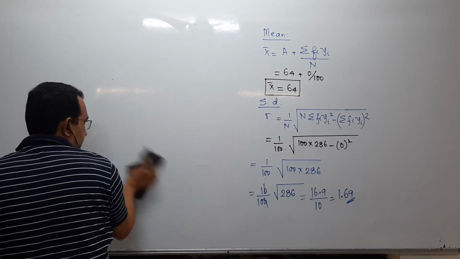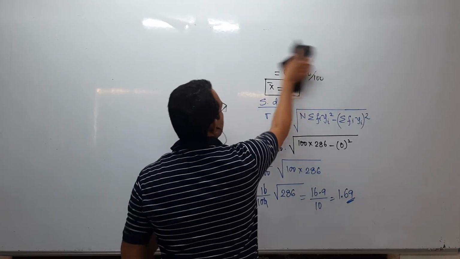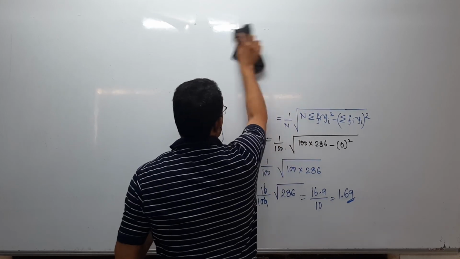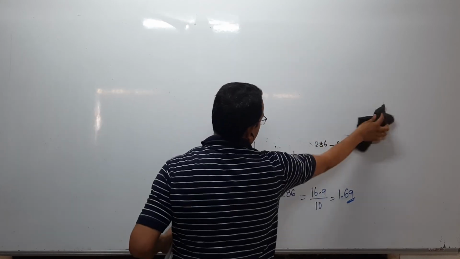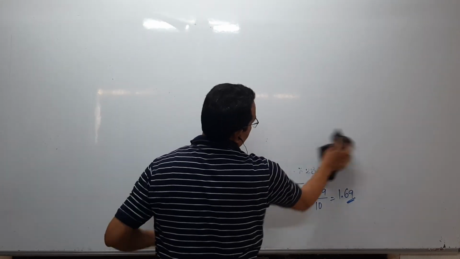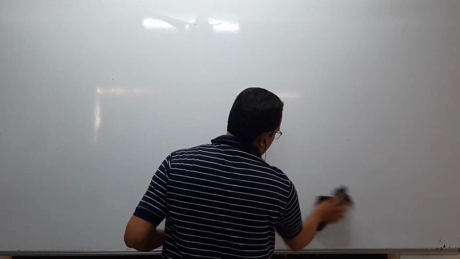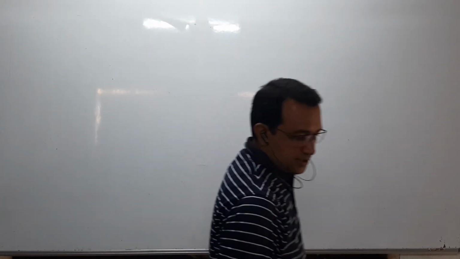And another interesting thing: within the formula of standard deviation by the shortcut method, the negative sign never vanishes. Always you will have a negative sign between the terms.